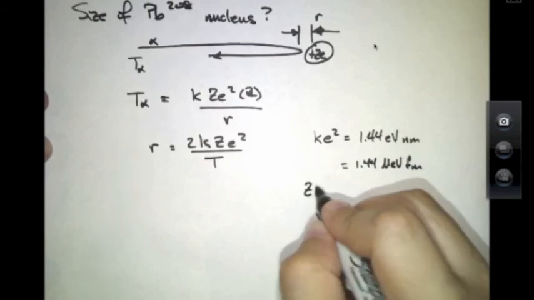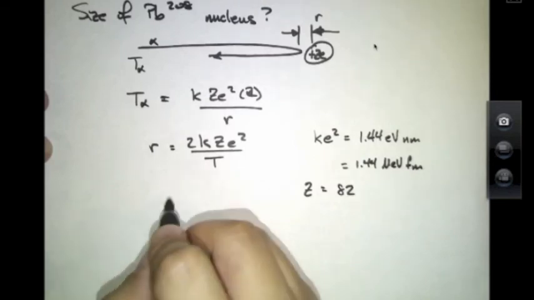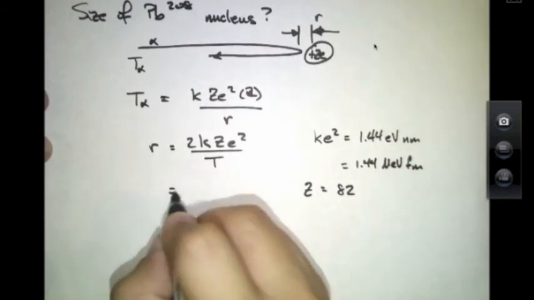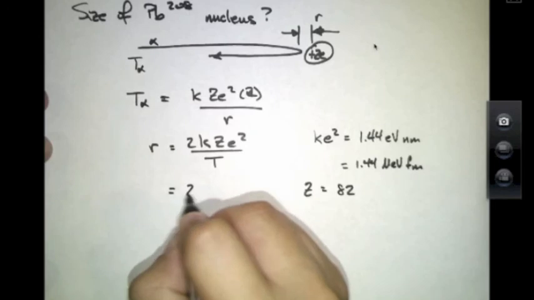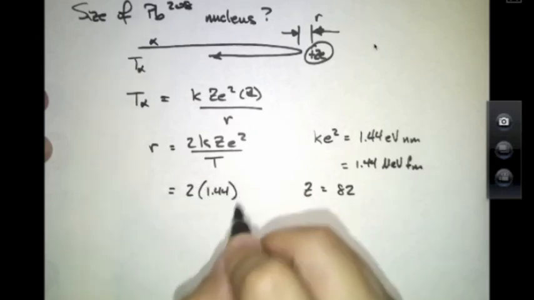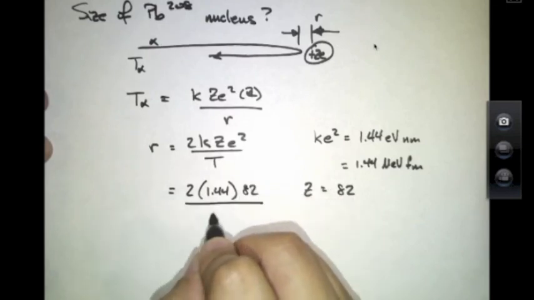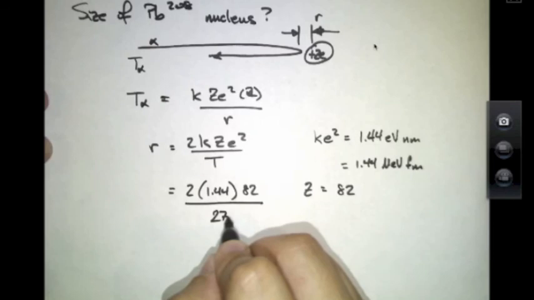And Z for lead is 82. So this value for R is approximately 2 times 1.44 times 82 over 27.